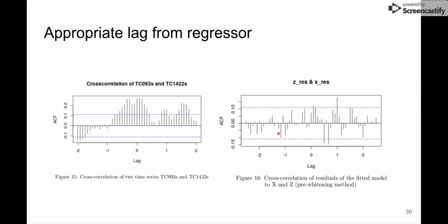So because of that, I went to the pre-whitening method, and basically we fit a model on the regressor time series and find the residuals, and apply the same model on the response time series and find the residuals of that too, and then cross-correlate the residuals. And cross-correlation of these two residuals reveals that lag 1 is indeed appropriate for doing the ARIMAX.